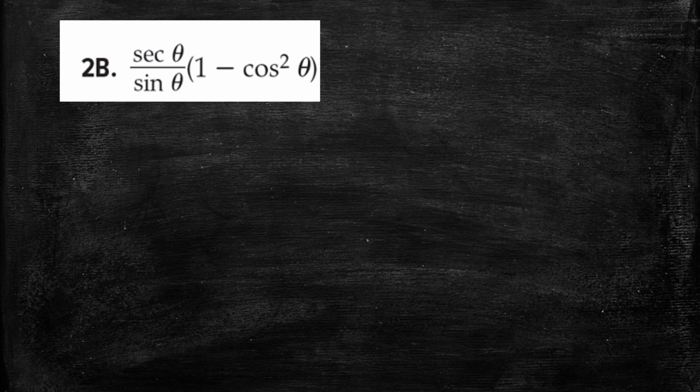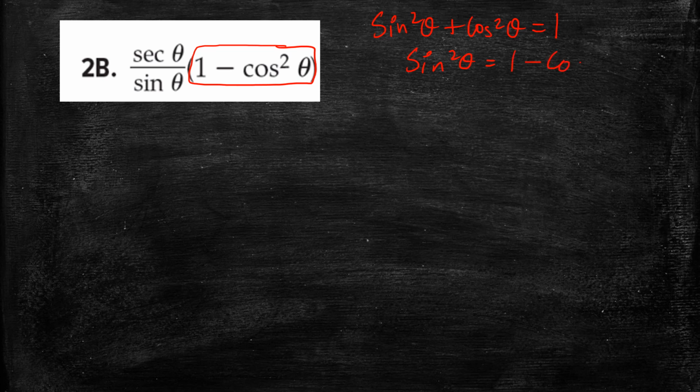So we need to simplify this one definitely. Very clearly, I can see here one step is to apply the Pythagorean identity. 1 minus cos square is given. So you know sine square theta plus cos square theta equal to 1 is the Pythagorean identity, and if I want the value of sine square theta, I move cos square to the other side, so 1 minus cos square.